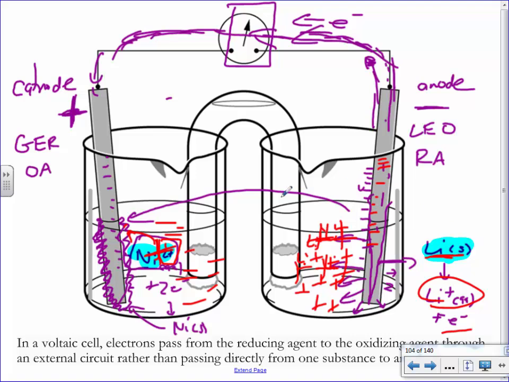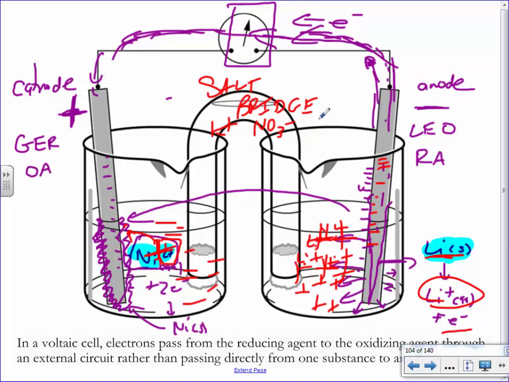So what you have to have is this thing right here called a salt bridge. And what happens in the salt bridge is we put an ionic compound in. Usually the one we use is potassium nitrate, although it can be many things. And what ends up happening is this salt bridge works through the principles of diffusion. Does everybody know what diffusion is?